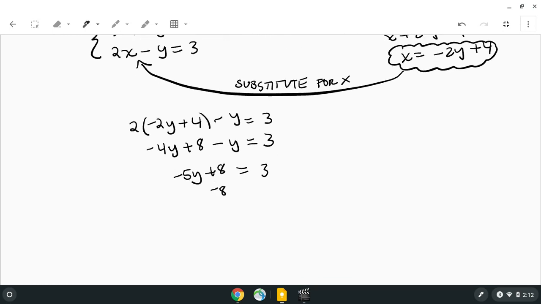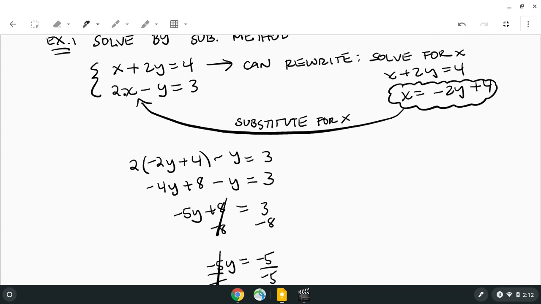So I'm going to subtract 8 on both sides. Cancel that out. So I get negative 5y equals negative 5. Divide both sides by negative 5. So y equals 1.